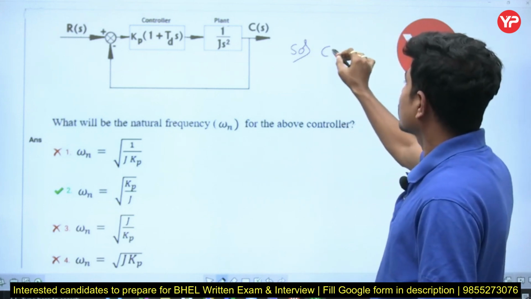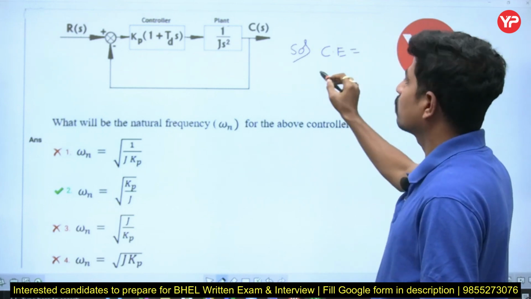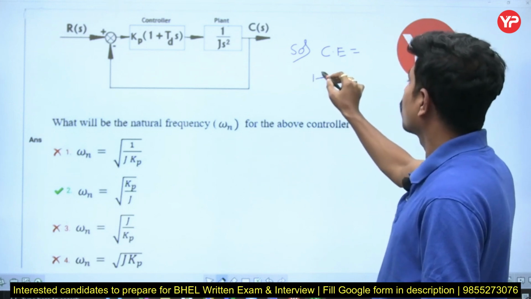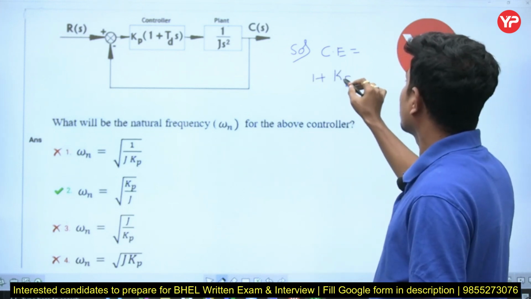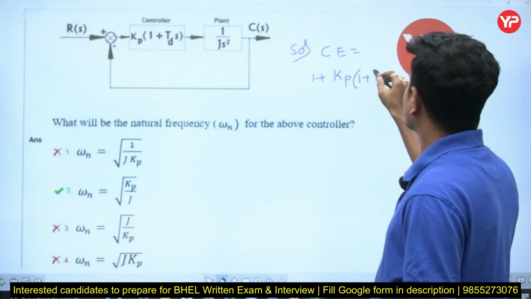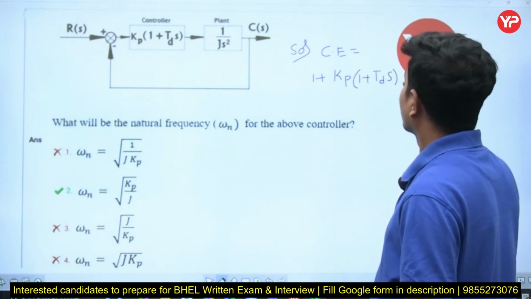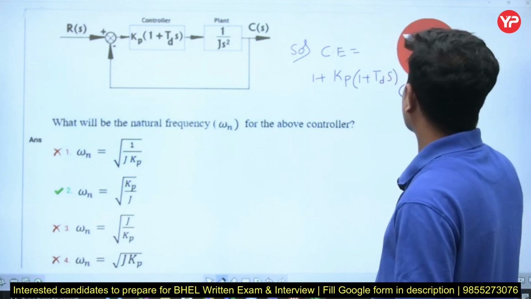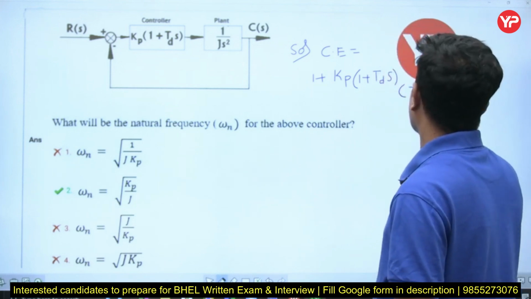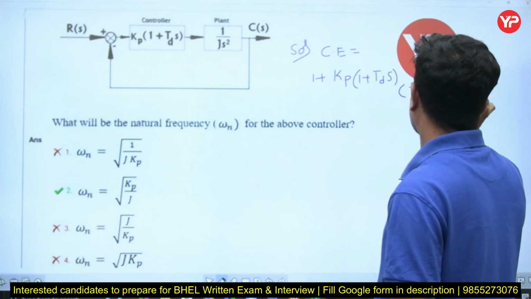What is the characteristic equation? Characteristic equation is 1 plus GSHS, 1 plus Kp into 1 plus TDS into 1 by Js square, equal to 0.